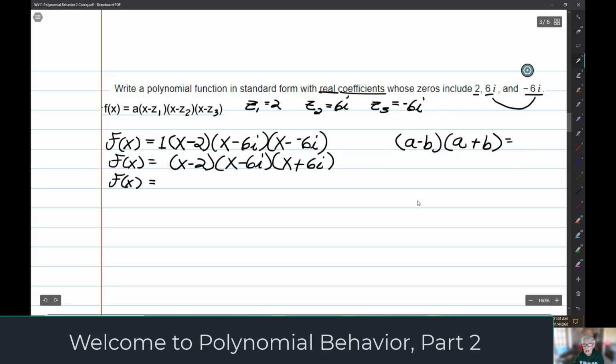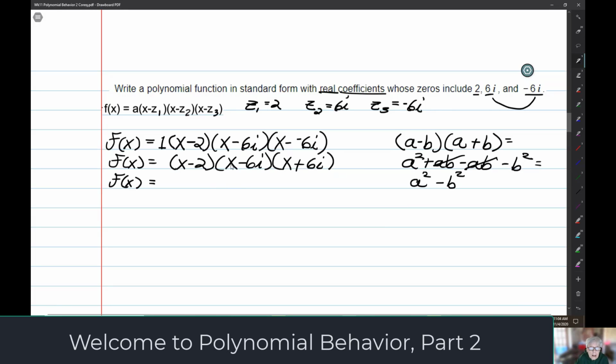If you multiply these, you'll have a squared plus ab minus ab minus b squared. Now ab minus ab, boom, bye-bye. So you'll have a squared minus b squared.